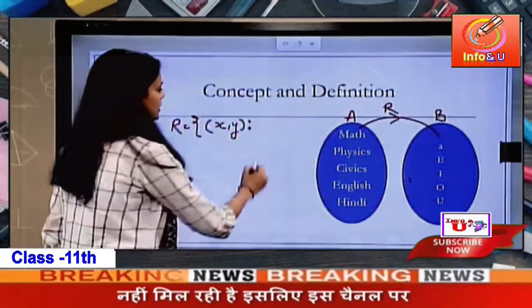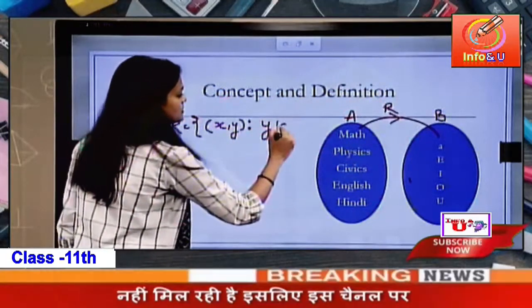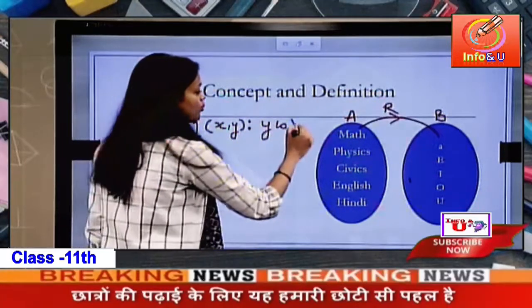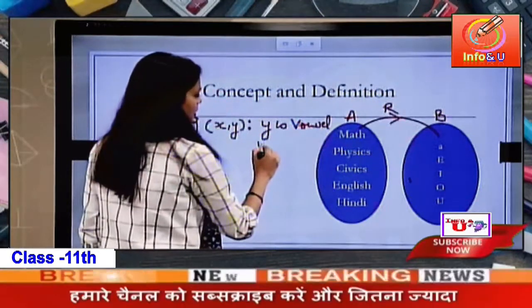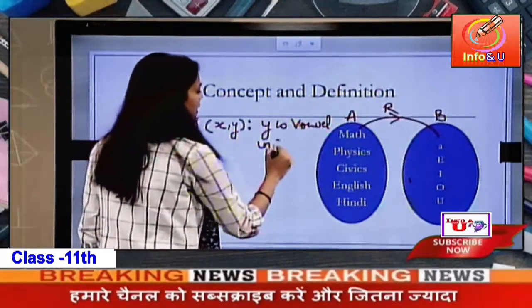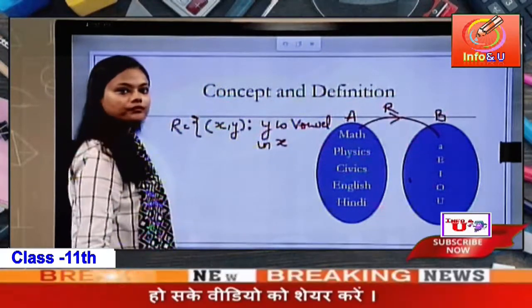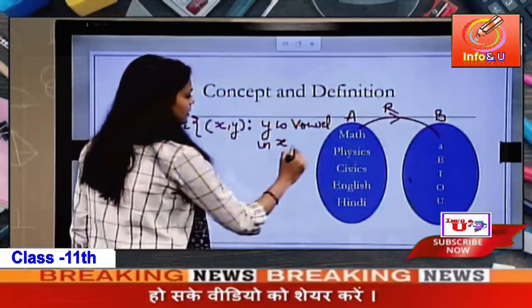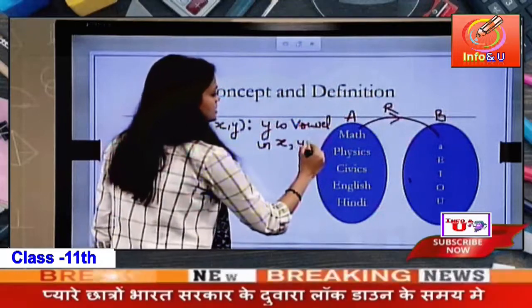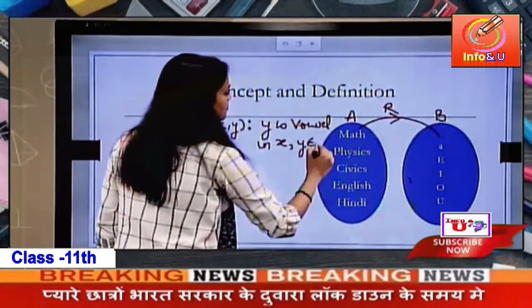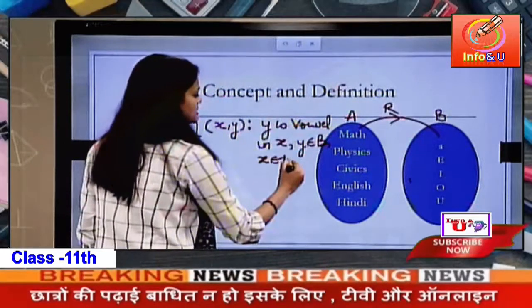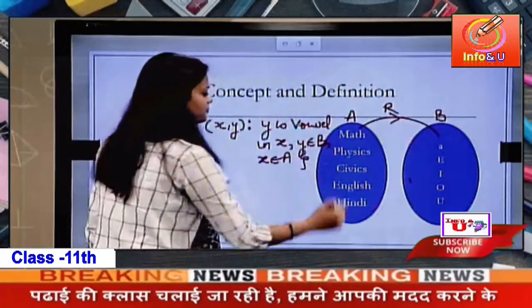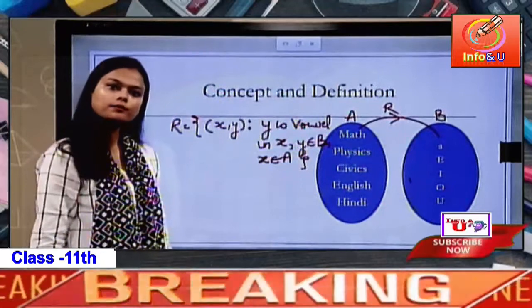y is a vowel in x, where this y is coming from the set B and x is coming from the set A. Okay?